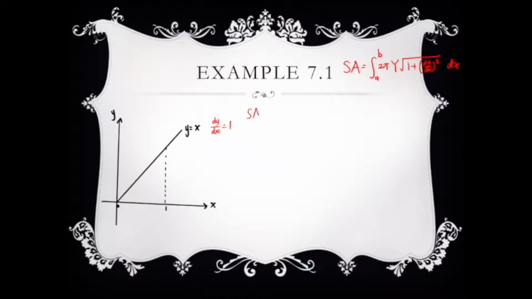And the surface area formula becomes the integral from 0 to 1, because we're going from 0 to 1 here, of 2π times y.